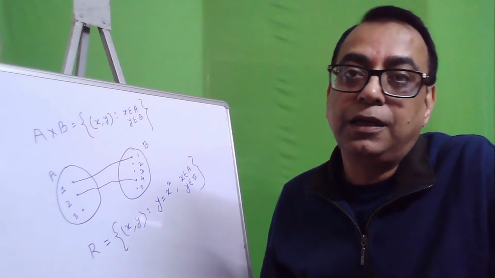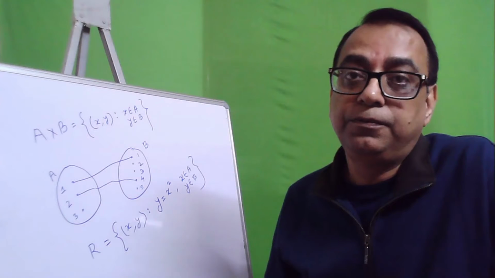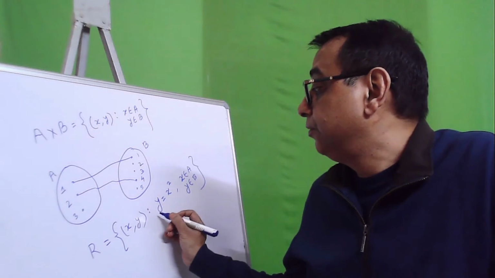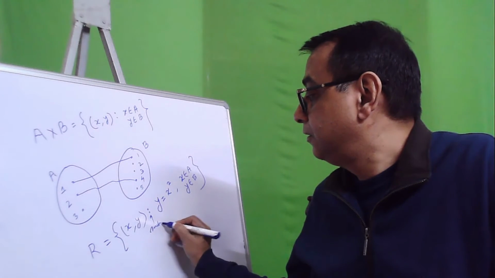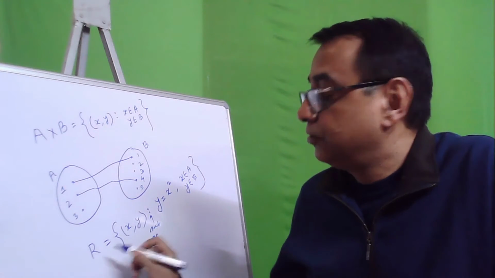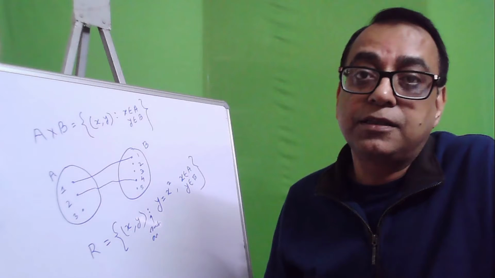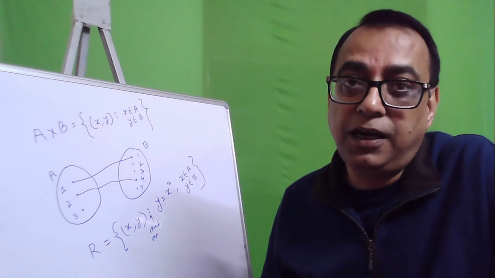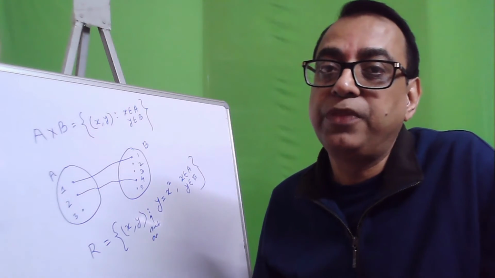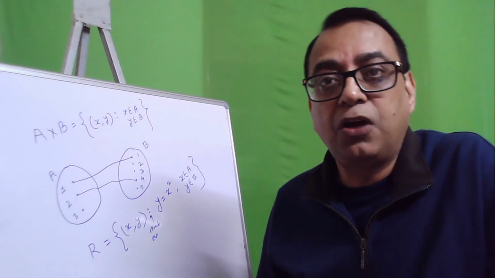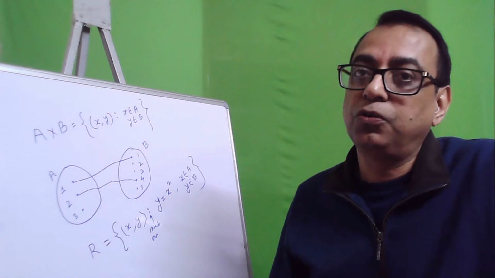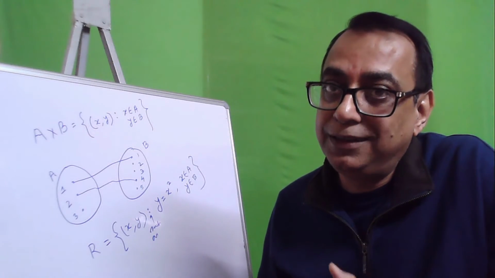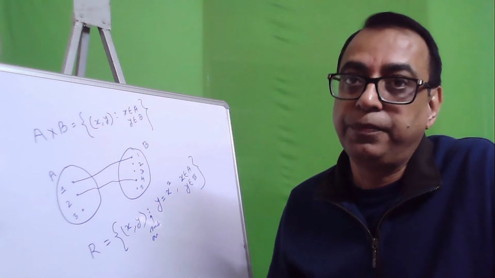Generally it will be represented like this. R is set of all xy, where such that. So we will say R is set of all xy such that y is equal to x square, x belongs to A and y belongs to B. So this is the way we read it and we represent it, right?